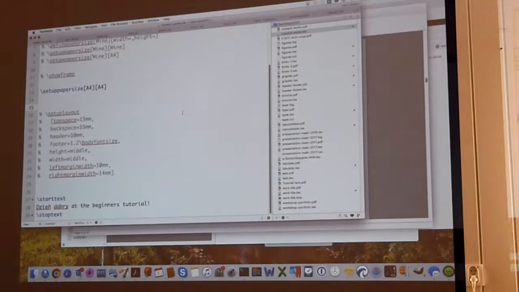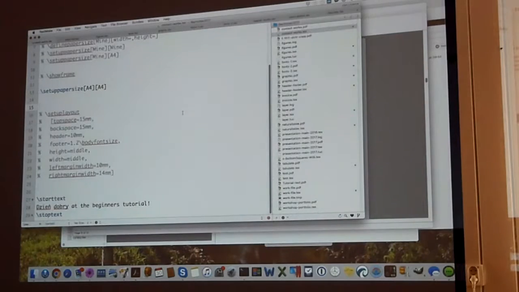So if you define text height to be 250 millimeters, that includes the header distance, the text height, plus footer distance and the footer. Of course, if your header and footer is 0, your text height is identical to these 250 millimeters.